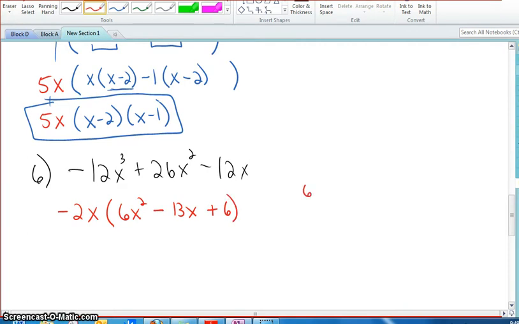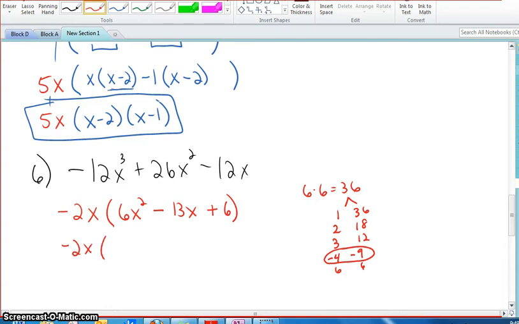So now a times c. What are the things that multiply to 36 and add up to negative 13? So I'm going to try 1 and 36, 2 and 18, 3 and 12, 4 and 9, 6 and 6. So 4 and 9 will add up to 13 if they're both negative.